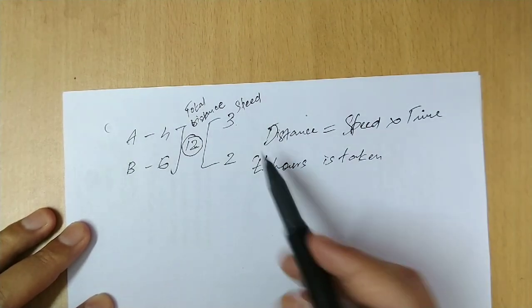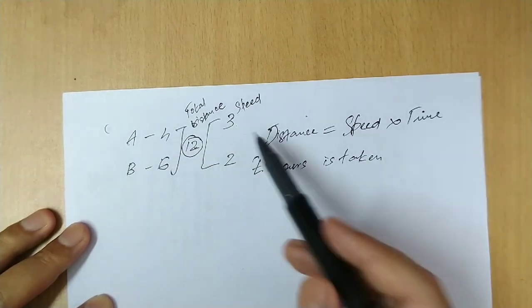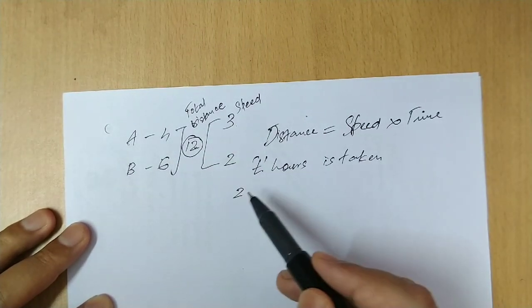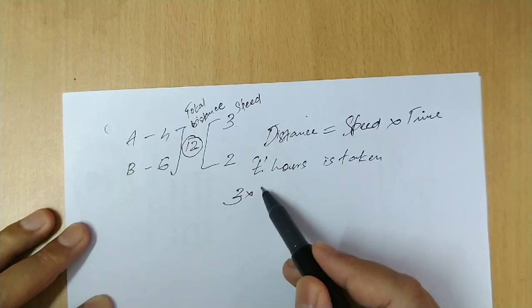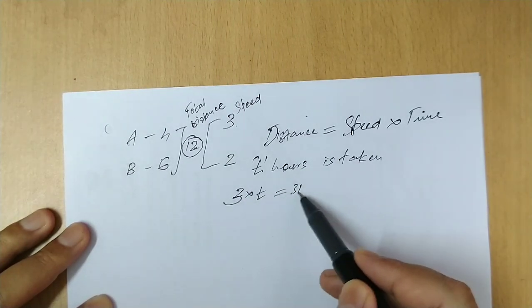So in T hours, the first candle A will move a distance of how much? 3 into T, that is 3T.